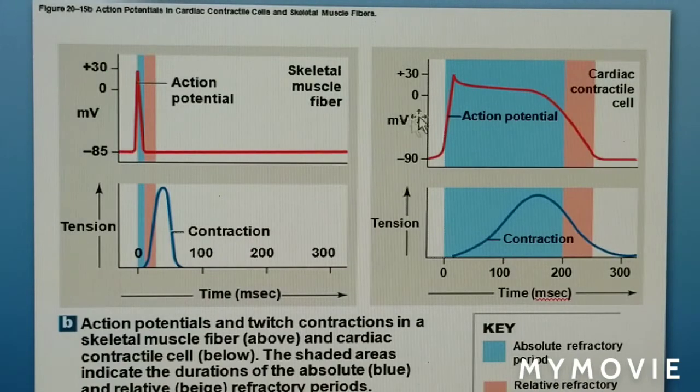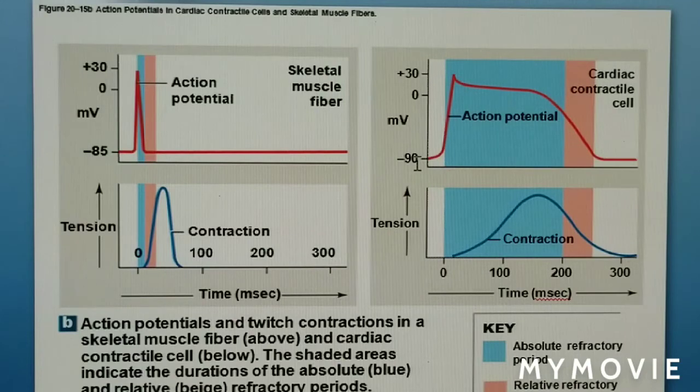Here we're seeing the comparison of skeletal muscle fiber versus cardiac muscle. Action potential, we're starting off at negative 85 millivolts. We have the depolarizing to the action potential, repolarizing here. It's a very fast process.